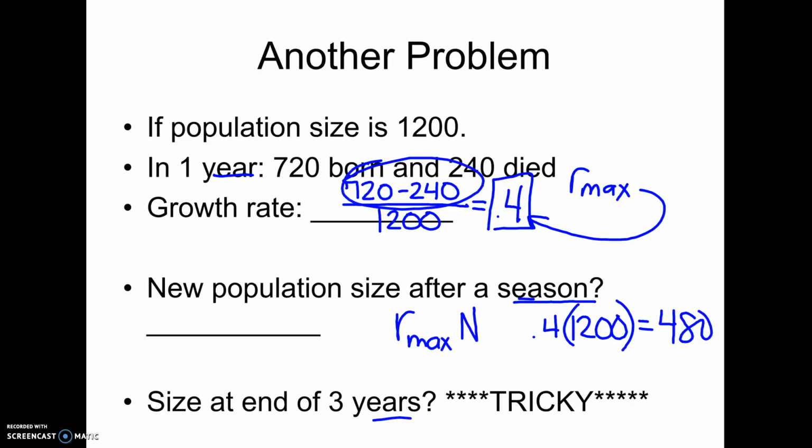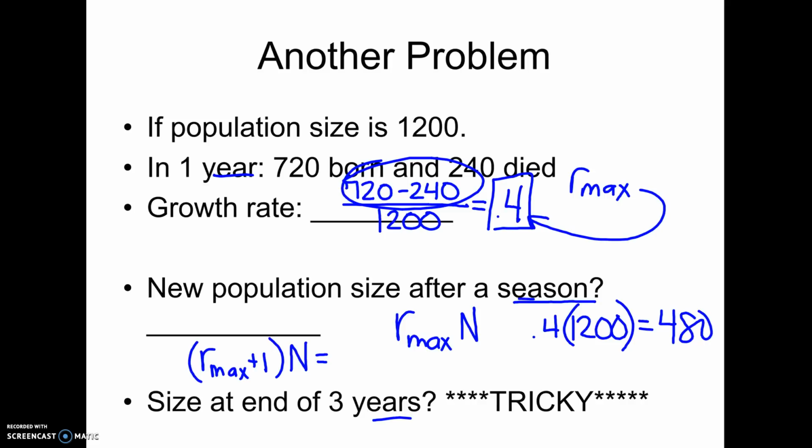But they wouldn't do that on the AP exam, give you something where you would divide by N and then multiply by N again. Now, this is what I wanted to show you, a shortcut. If population is growing exponentially, technically, and this is not on the formula sheet, if you do R max plus 1 times N, that will actually give you the new size after one generation.